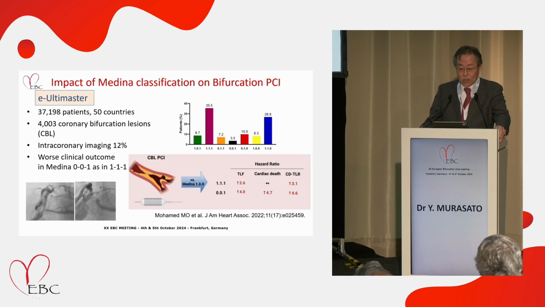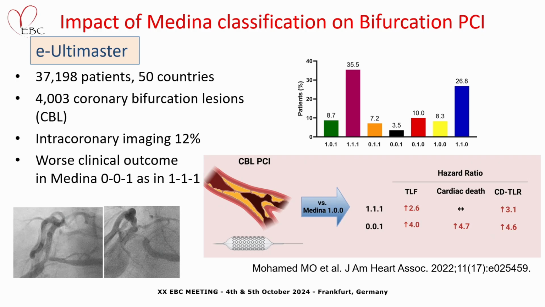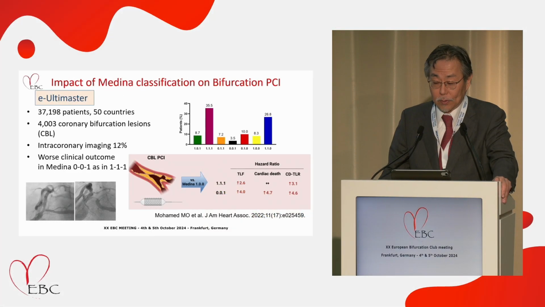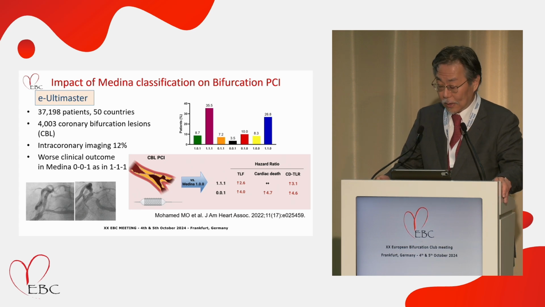Two years ago, the impact of Medina classification on bifurcation PCI was investigated in the large clinical trial E-Archmaster, which contains more than 4,000 coronary bifurcation regions. It revealed worse clinical outcome in Medina 001 than in the 111 region. Higher target lesion failure and cardiac death were reported.